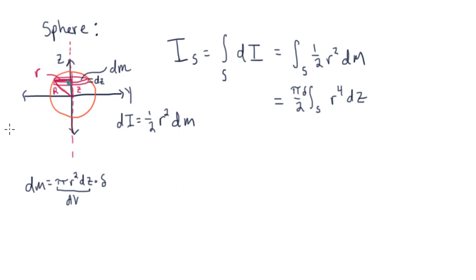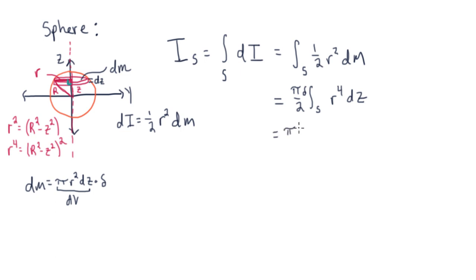So I know that r squared is R squared minus z squared by the Pythagorean theorem. And so r to the 4th is just going to be this quantity squared.